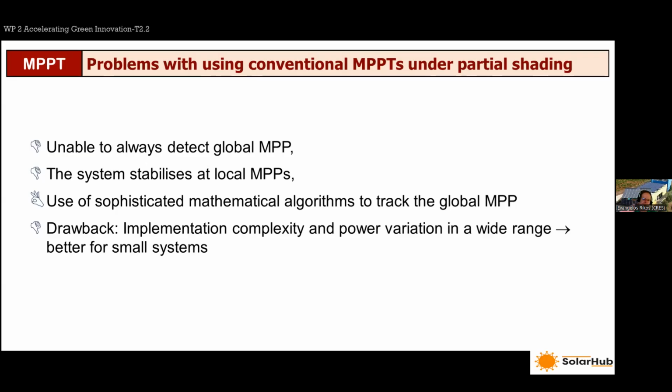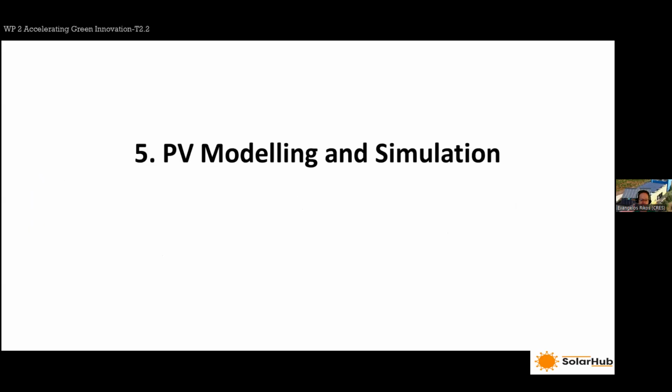So it may be preferable in smaller systems than larger scale ones, where other measures could be taken, like, for example, proper design of the placement of the modules in order to avoid these partial shading effects, or making sure that the partial shading would not lead to substantial loss of energy and waste.